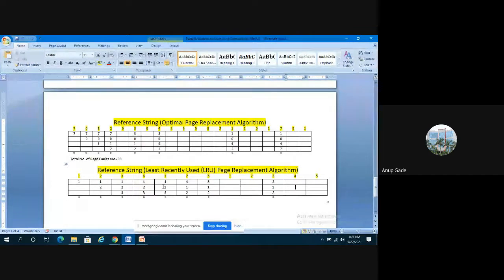Here 2 and 3 are recently used, so replace 1 with 4. Page fault will occur. 3 and 4 recently used, replace 2 with 5. Page fault will occur. Number of page faults are 1, 2, 3, 4, 5, 6, 7, 8, 9 and 10.